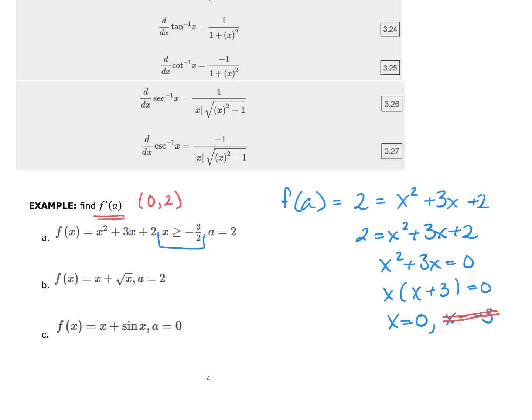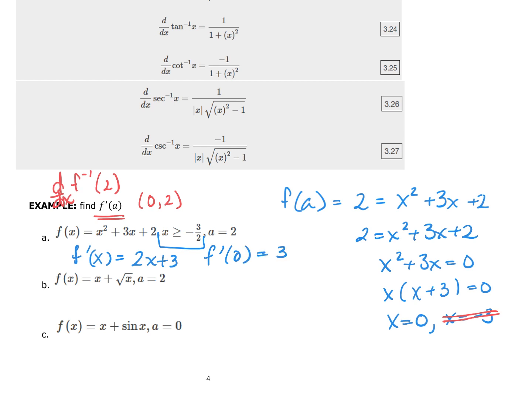Now notice, this is the same thing as finding, they want the f inverse of 2, and they want me to find the derivative of it. That is the notation of what they're asking me to do. So in other words, I need to find f prime of x, which is going to give me 2x plus 3. F prime of my input of 0 is 3.